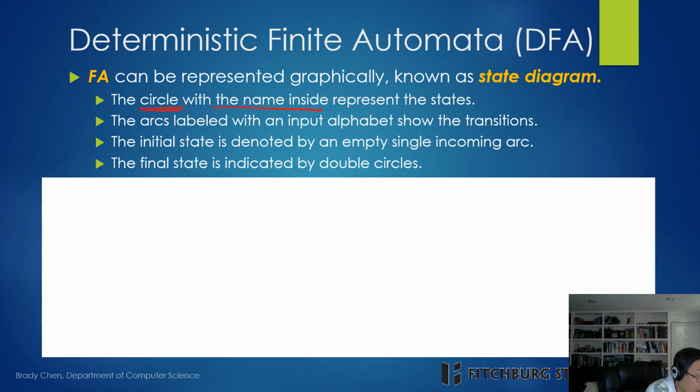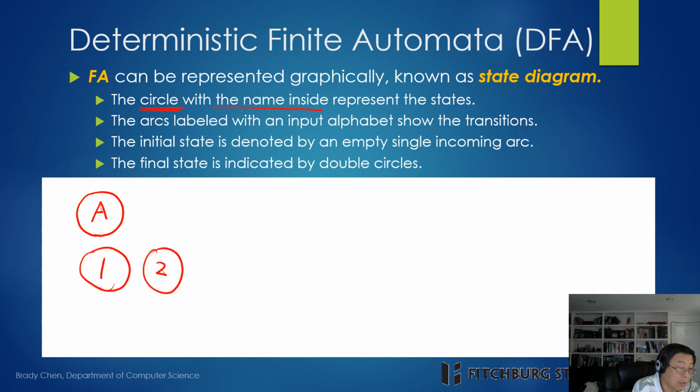Typically, in this example, I use a circle and a capital letter to represent the state. If you look at other textbooks, or search for information about finite automata online, you might see some people use 1, 2, 3, 4 to represent the states.